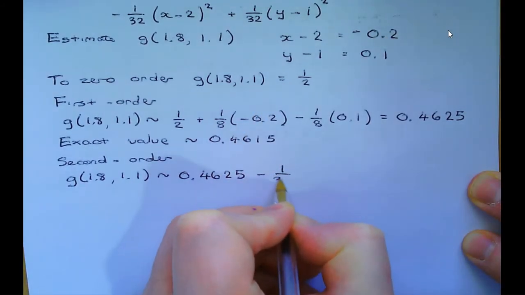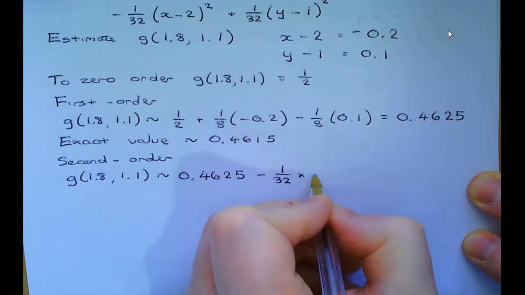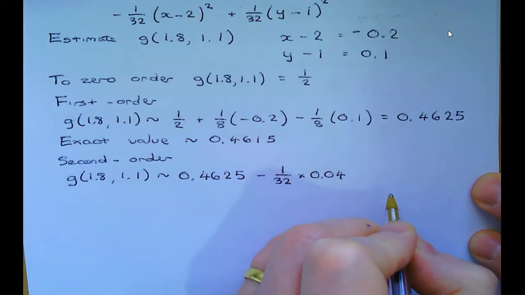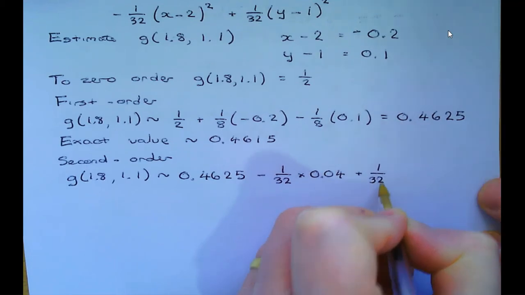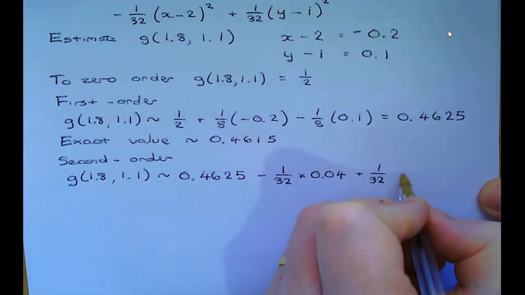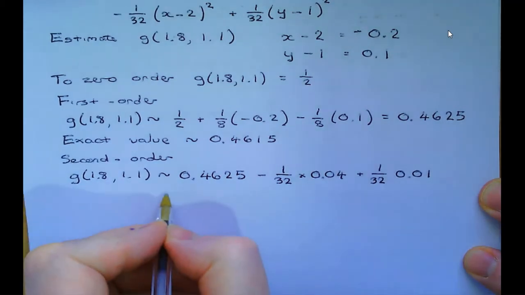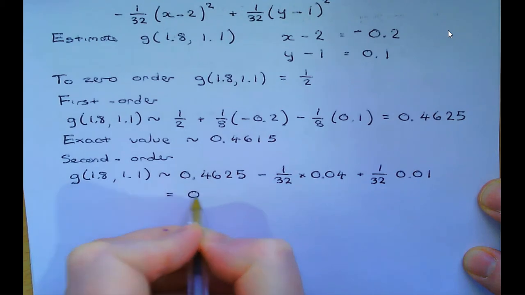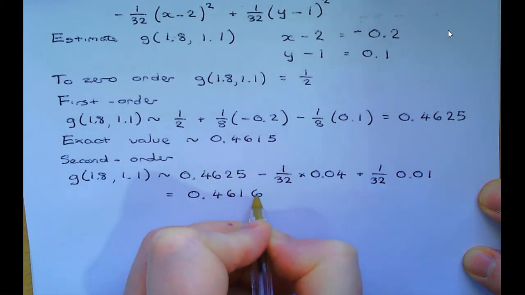So 1 over 32 times minus 0.2 all squared is 0.04. And then we have plus 1 over 32, and we have 0.1 squared. That's 0.01. When we work this out to 4 decimal places, 0.4616.